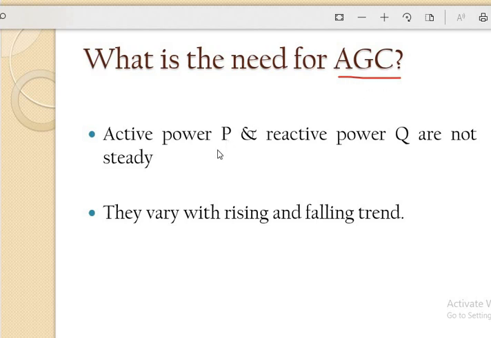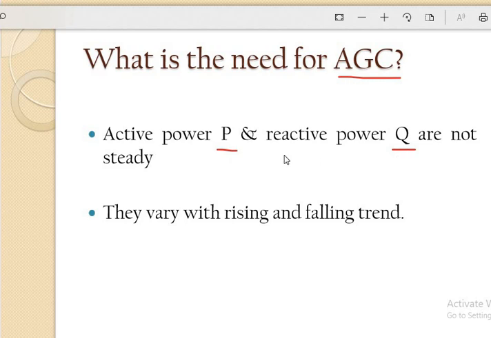The reason is that the active power P as well as the reactive power Q are not constant. They will be continuously varying. And how do they vary? They vary depending upon the load requirements. Depending on whether the load is active or reactive, the demand for active power P as well as reactive power Q varies.